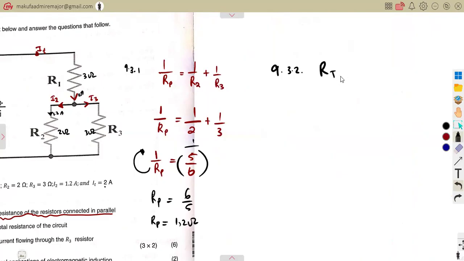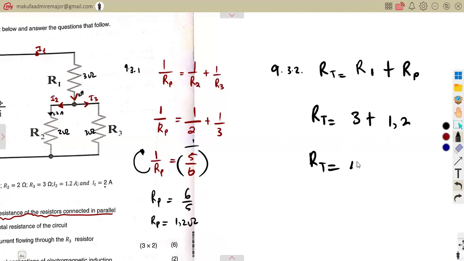So the total resistance, we're going to have R1 added to the parallel combination. R1 is 3 ohms, so you're going to have 3 plus this 1,2. That is going to give us the total resistance of the circuit, which is 4,2 ohms.